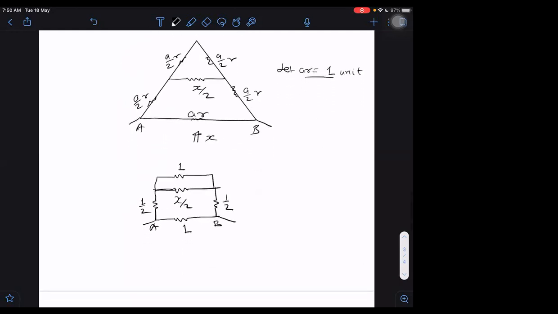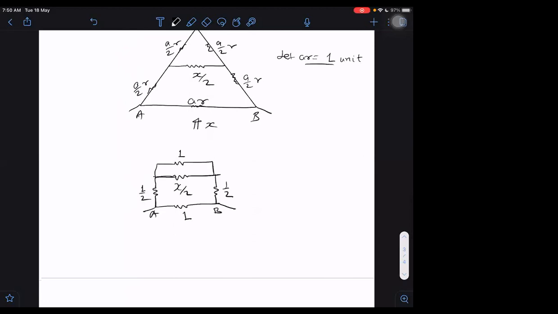I think now you can tell: 1 in parallel with X by 2 is X by 2 upon X by 2 plus 1. That is 1 in parallel with X by 2, and that is in series with 1 by 2 on one side and 1 by 2 on the other side. That is in series with 1, and that whole is again in parallel with 1. That is what we are doing now. Plus 1 in parallel with 1.